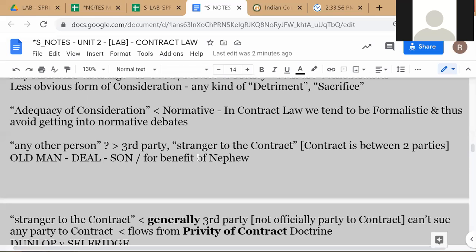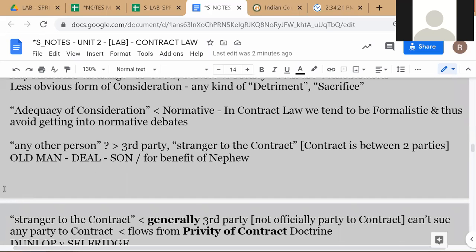So the nephew is the third party of this contract. The nephew is not a party to this contract, but he is a third party in the sense that he's not a total stranger to the contract, not like somebody sitting in DSP, but he is connected to the contract in some way, although he's not officially a party to it. There is a connection because there is some benefit for him under the contract.